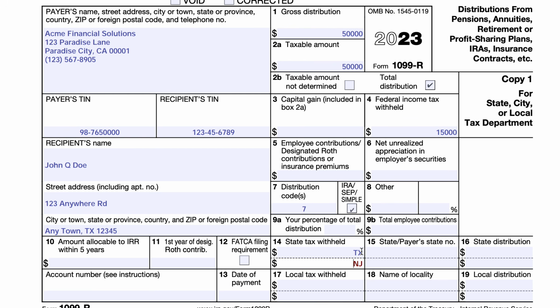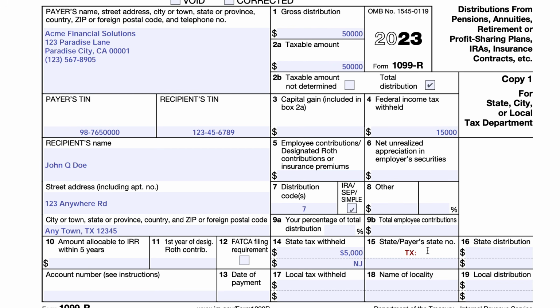You would also see the amount of tax withheld. So it would be like $5,000 or something like that. The state number would be the abbreviated name of the state. So if you call that Texas, and then there would be the payer's identification number.